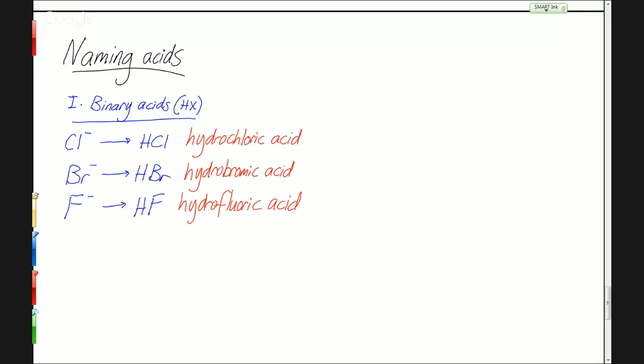Now, the other category of acids are named a little bit differently. We call these the oxo acids because they have oxygen in them. So the binary acid is just hydrogen and then one other thing. The oxo acid has oxygen also. And they come from the ions that have oxygen.